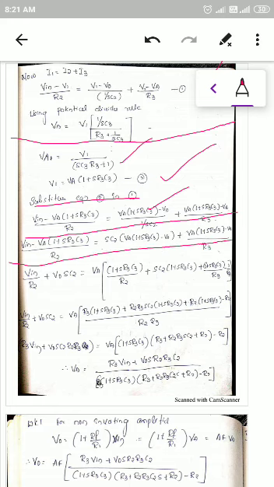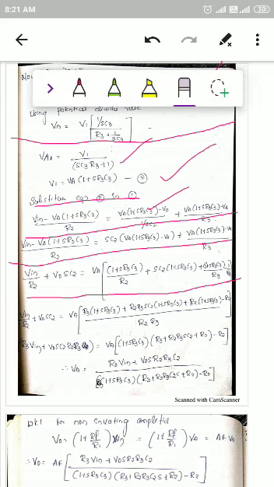Now separate the V0 and VA terms. Take V0 from the right hand side to the left hand side, and VA from the left hand side to the right hand side, and simplify your equations. You will get a similar equation.